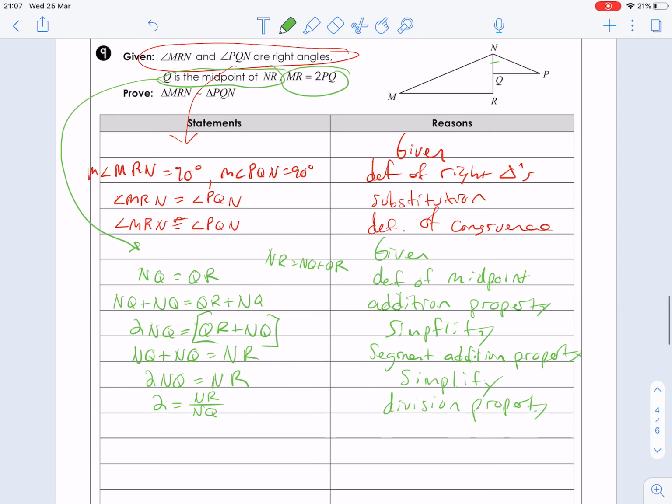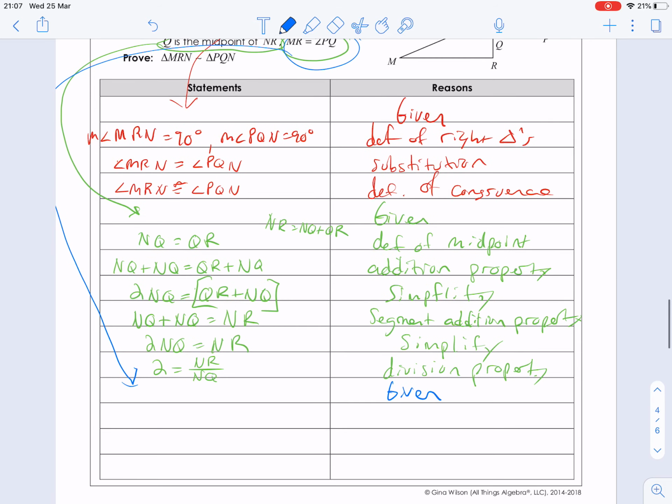Okay, so we take our last given now. There we go. I'm going to change colors here. Let's go to blue. All right, that is a given. And then by dividing again, that's going to be the proportional part. MR over PQ equals 2. That is going to be division property.